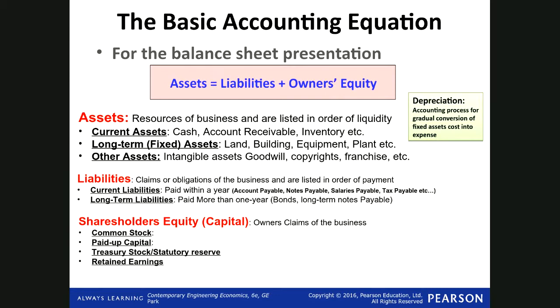Inventory is the stock which you are going to sell to the customer, not to use in the business. Anything which you are going to use is something else, right? That we call equipment, we'll see it. But this inventory is for the customer, you are going to sell it, you are not going to use it in the business, it is for sale.